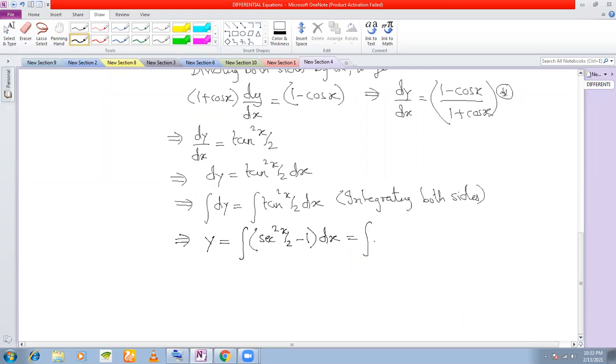Which is now integral sec square x by 2 dx minus integral dx. Now integral sec square x by 2 is what? Integral sec square x by 2 is tan x by 2, because you know integral sec square x is tan x divided by the derivative of x by 2, which is half, isn't it? Minus x. See whether you understood this. This is simple integration.